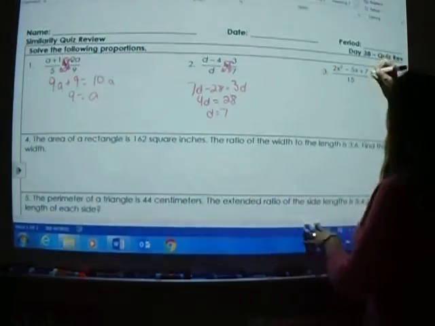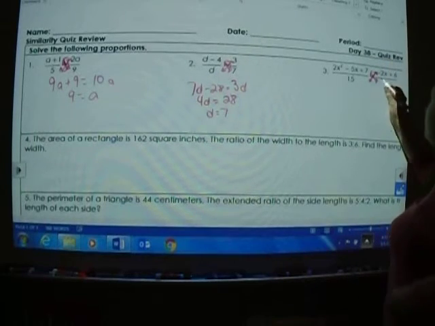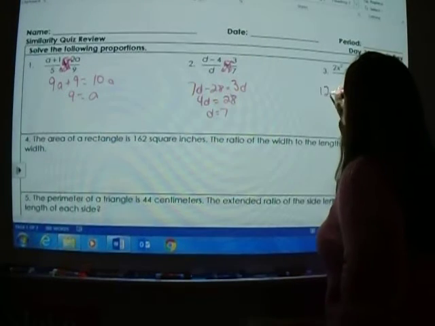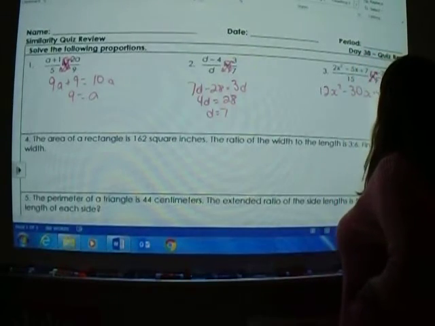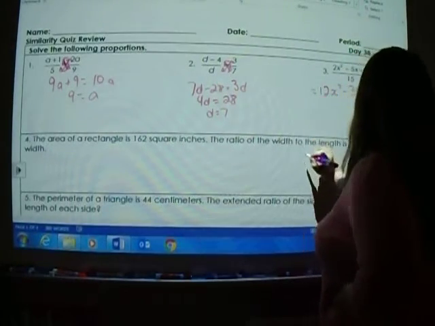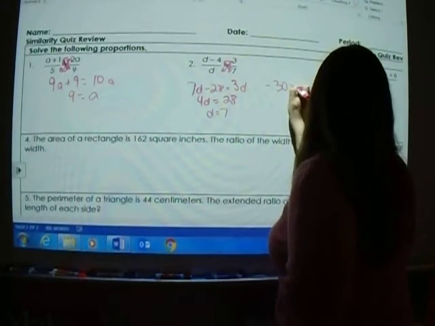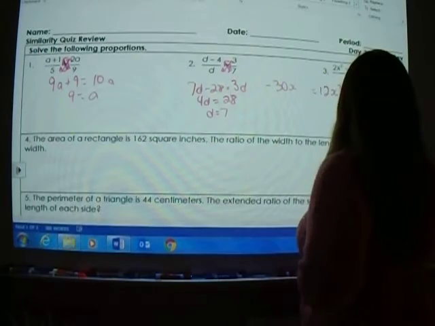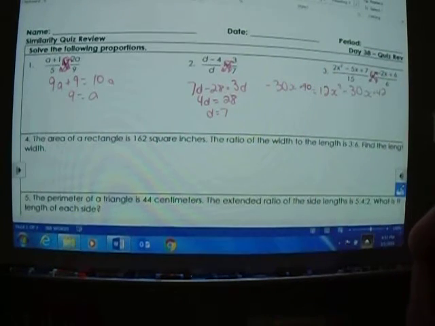And over here, we're going to cross multiply again. We end up with 12x squared minus 30x plus 42. I'm going to write the rest over here. Minus 30x plus 90. Okay.